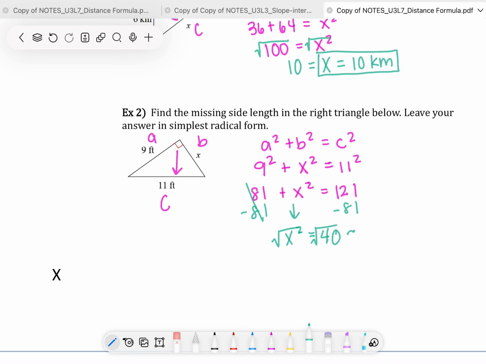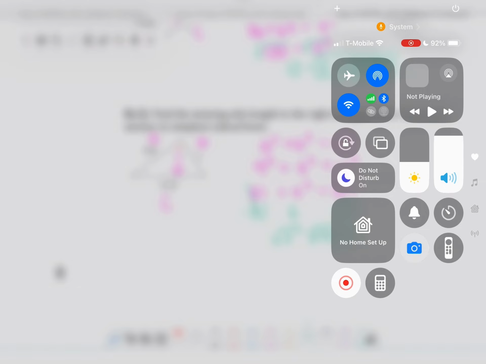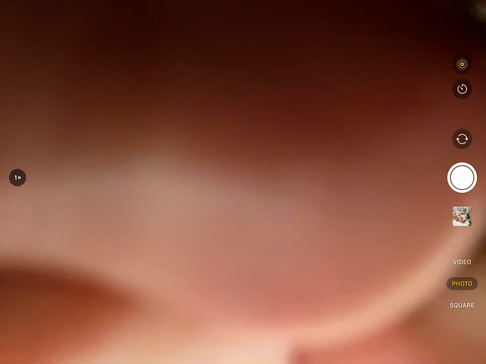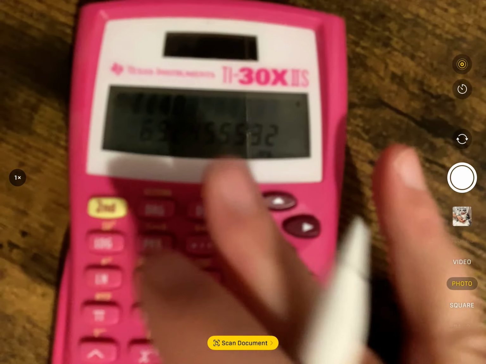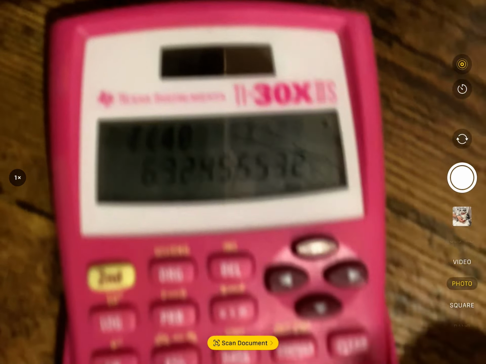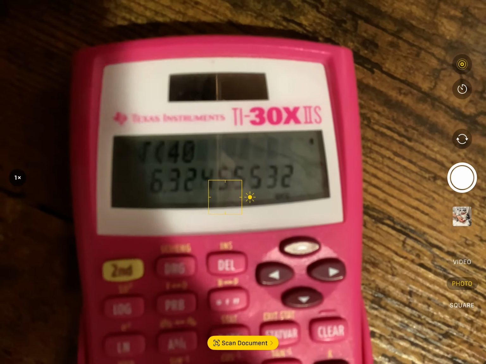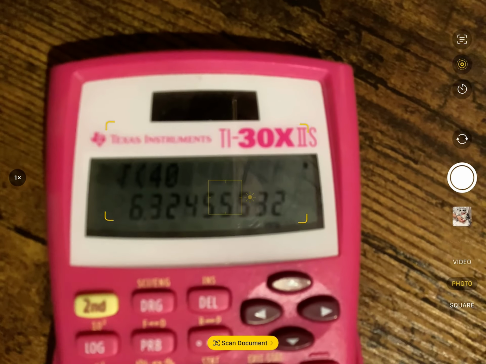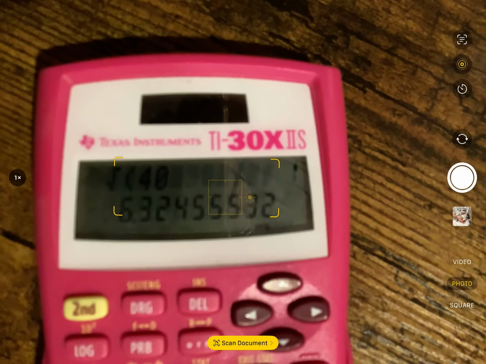You'll get that that's about equal to, and I can actually show you on my calculator. It's a different one than the one we use at school, but that's okay. So you'll see that if you use the square root, hopefully you can see that, you will get 6.324555532, and it keeps going.